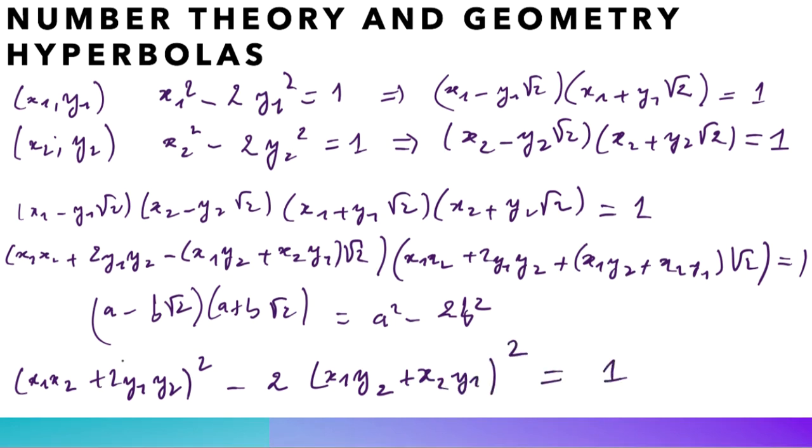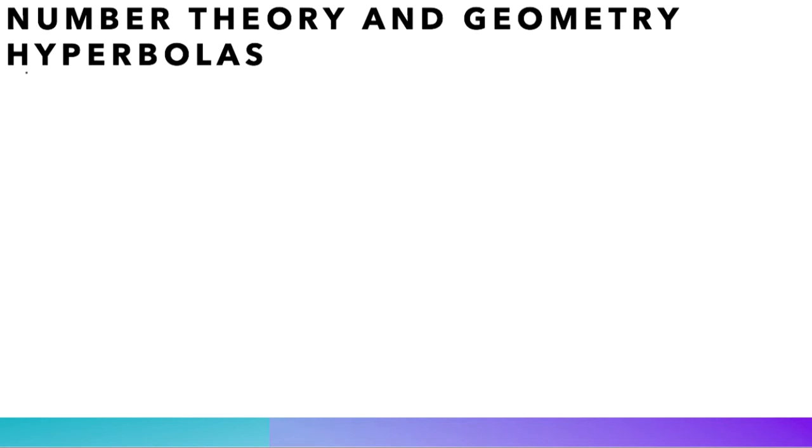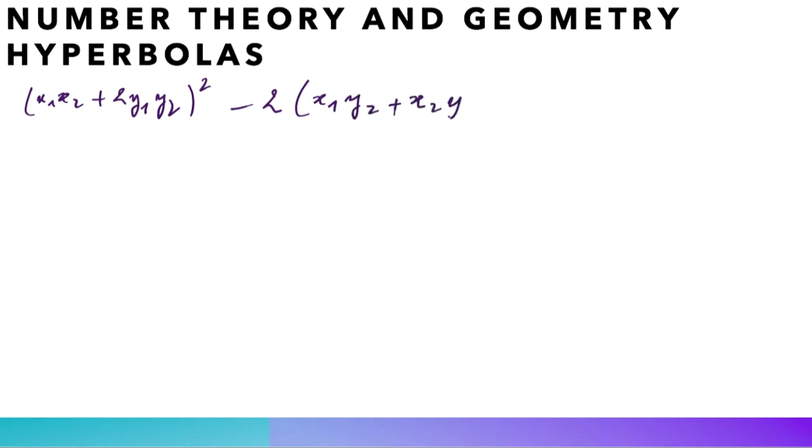Let me write this down one more time. Actually, the formula is (x1 x2 plus 2 y1 y2) all squared minus 2 times (x1 y2 plus x2 y1) all squared is equal to 1.